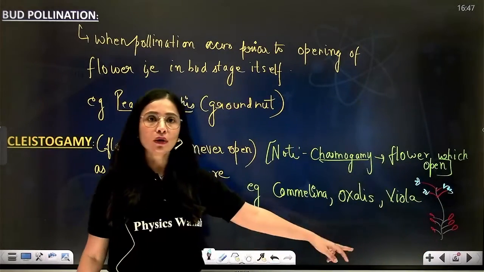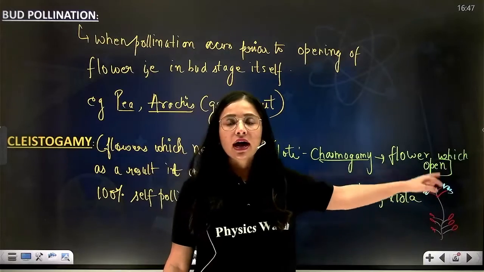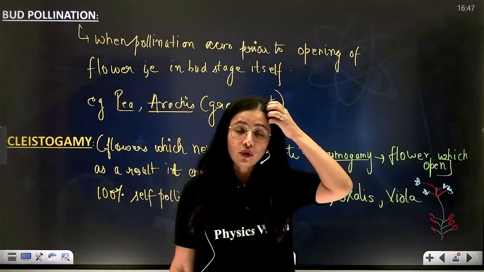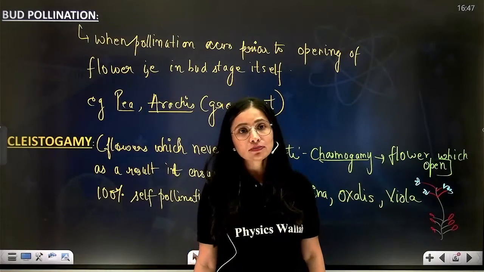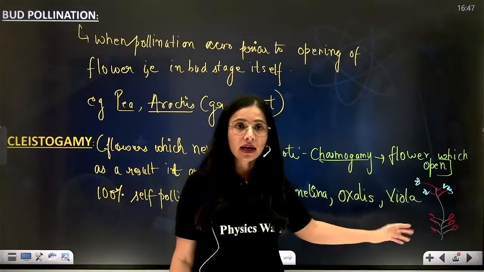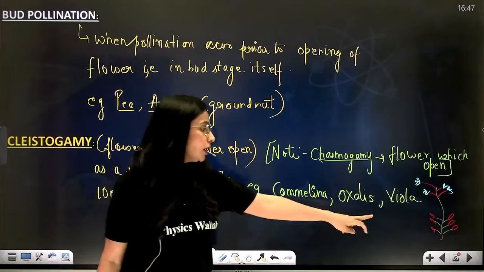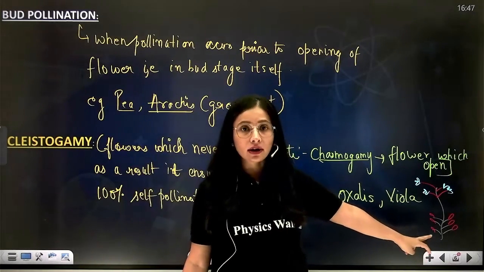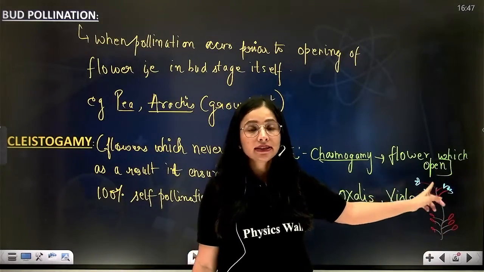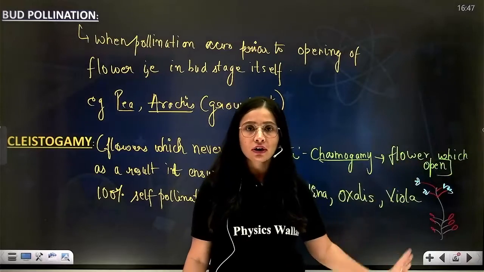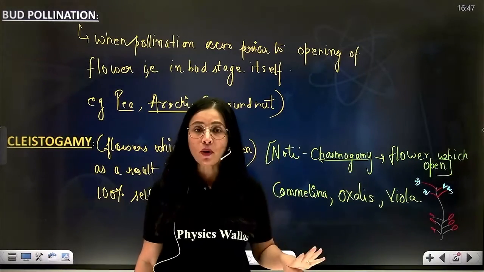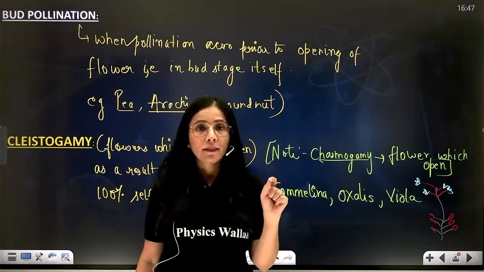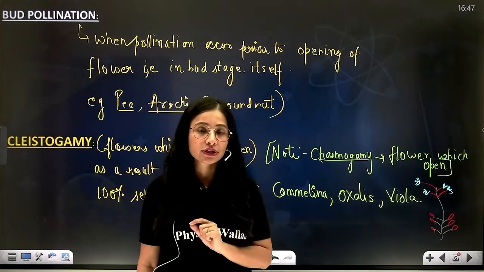So lower flowers are cleistogamous and higher flowers are chasmogamous. Both types of flowers are borne on the same body. The lower ones ensure 100% self-pollination. The above ones will show cross-pollination. Understood? So these are the four important devices that promote self-pollination.